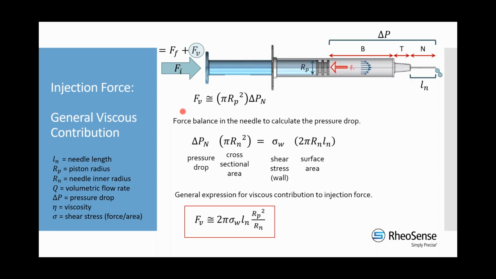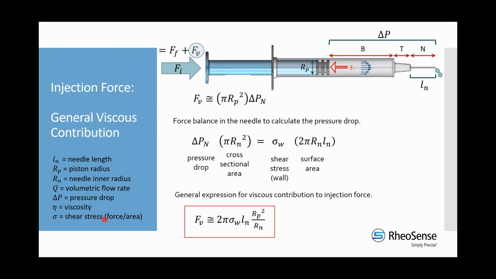So now what we're going to do is find a way to get this pressure drop. We're looking in the needle, because we're focusing on that. That's going to be the biggest contribution to that injection force here. And we're essentially just going to do a force balance, because we know that the force coming from that pressure drop is basically equal to the steady shear viscous forces. So how do we set up this force balance?